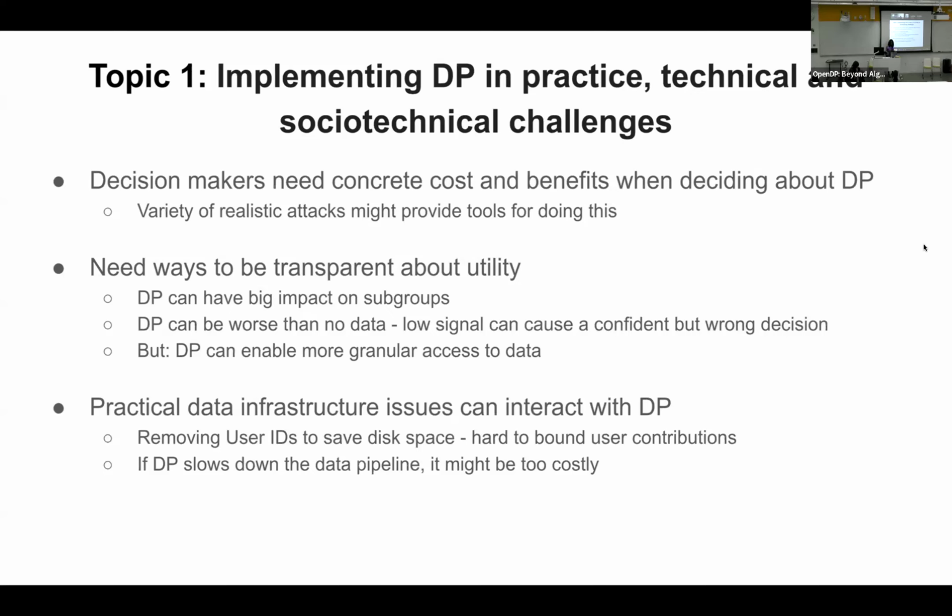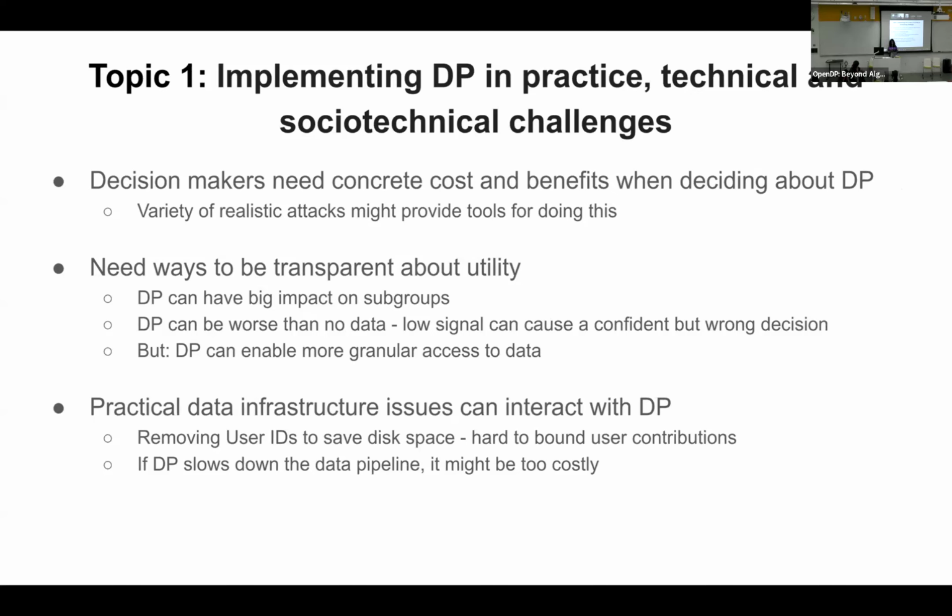Low signal in your data can cause you to be very confident when making wrong decisions. So sometimes DP is not the best thing to apply to your data because sometimes it's really bad, but it can also enable you to have more granular access to data.